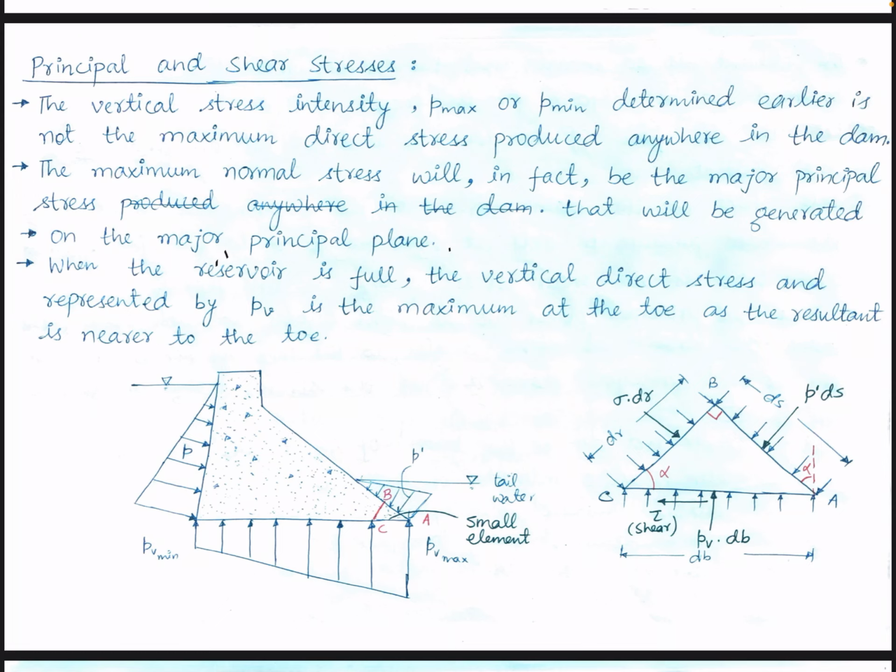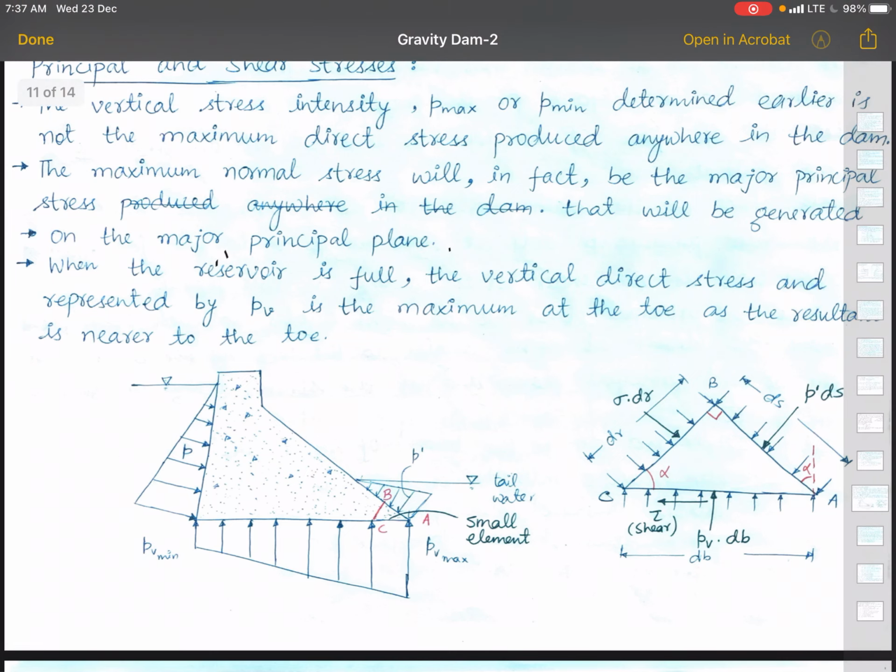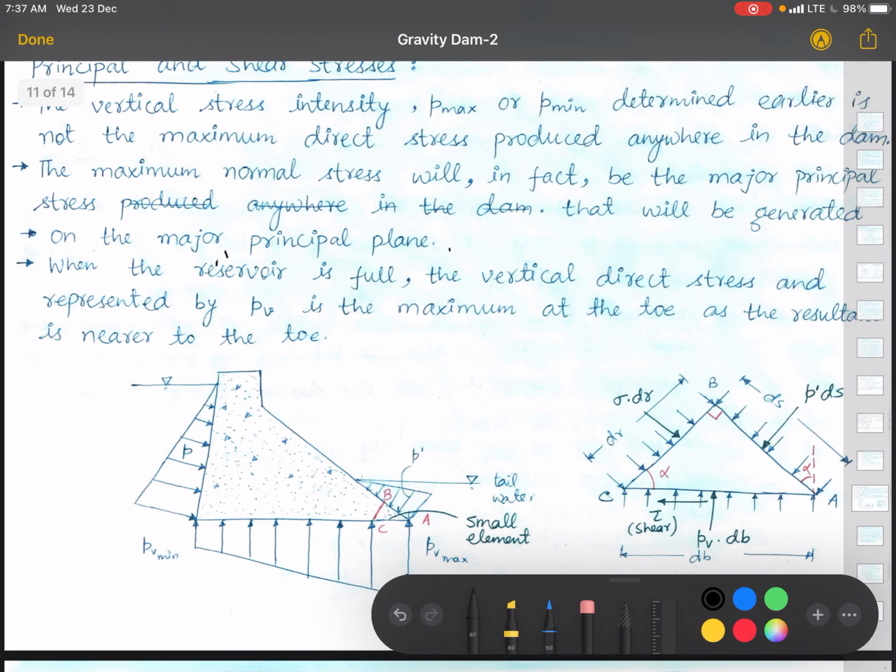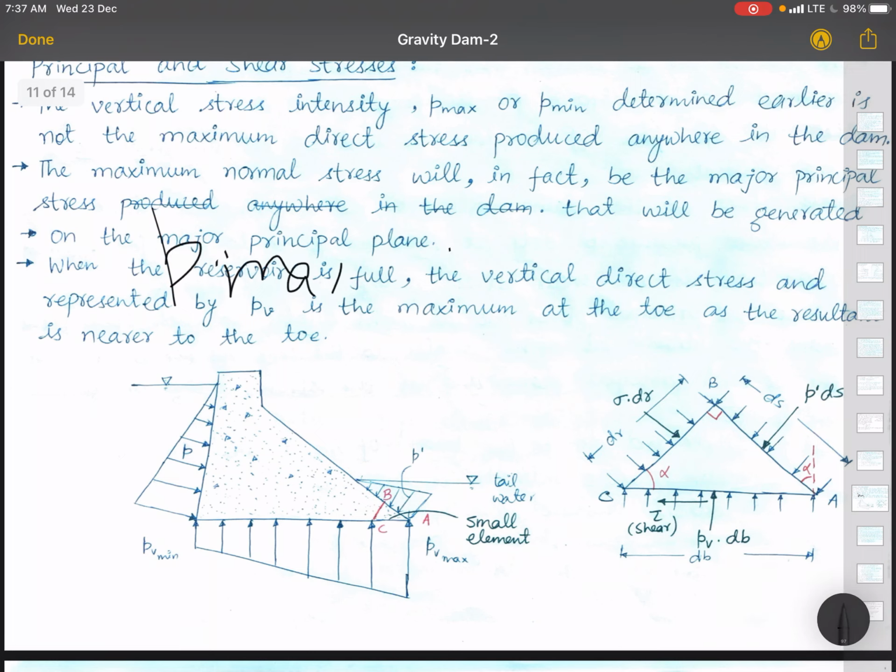determined earlier is not the maximum direct stress produced anywhere in the dam. Let me write the formula. Pmax or Pmin was what?